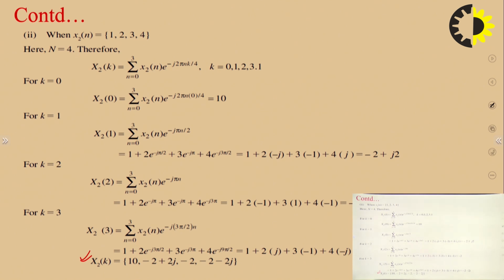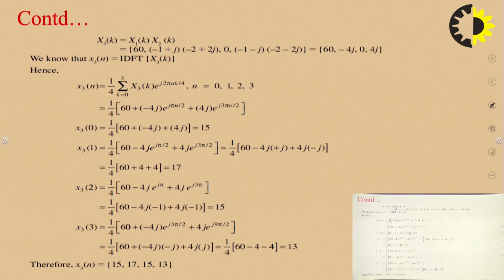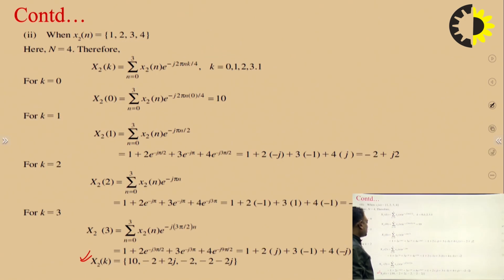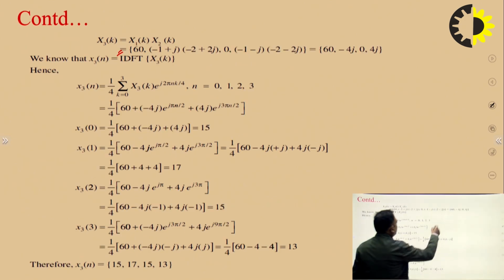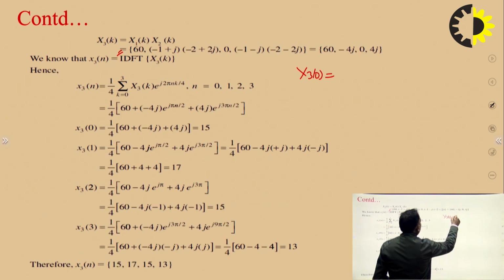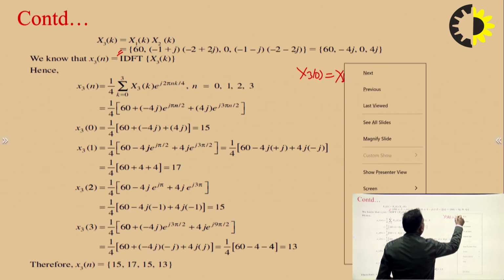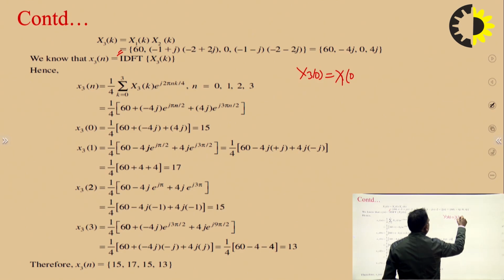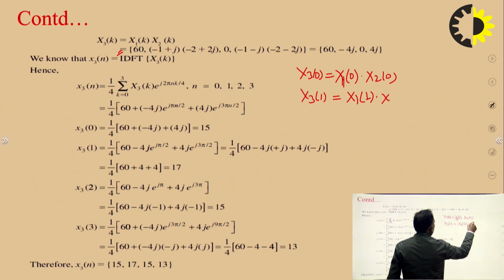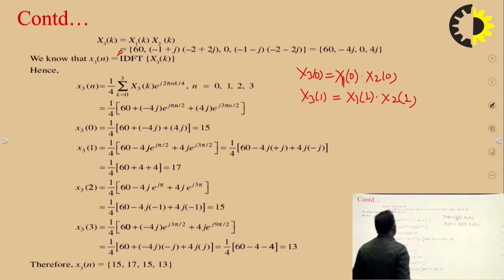Then you simply have to find X3(k), which is X1(k) into X2(k), and these are the values we will obtain. X3(0) is nothing but X1(0) into X2(0). X3(1) is nothing but X1(1) into X2(1). Then you can find x3(n) by taking the IDFT of these values.